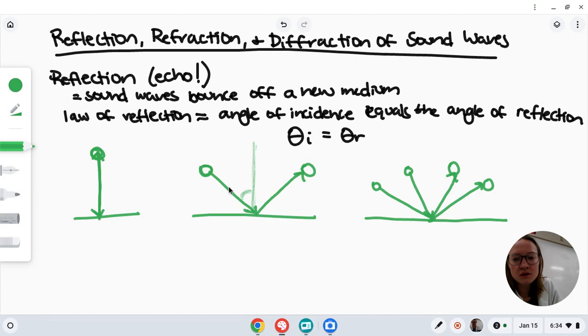And this right here, my angle off, is my angle of reflection. As you can see, we define them from this line right here, which we call the normal. And it's just a line perpendicular to the surface.